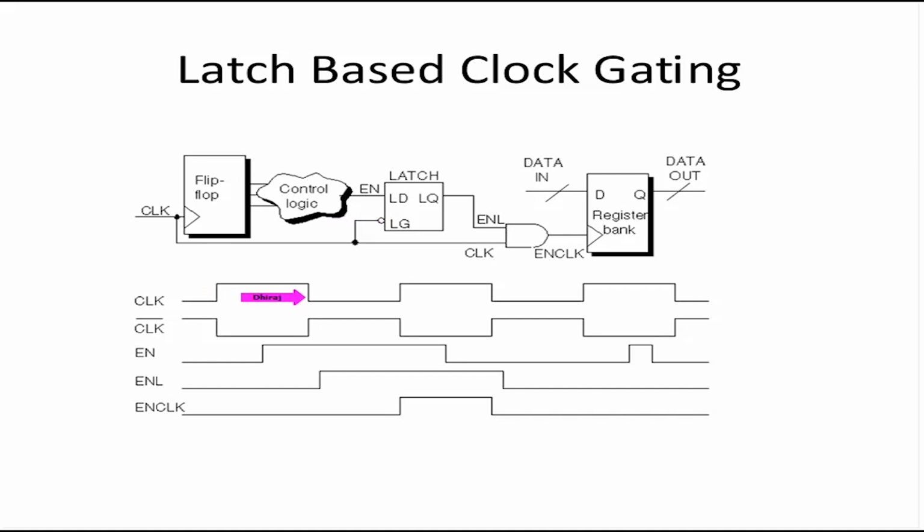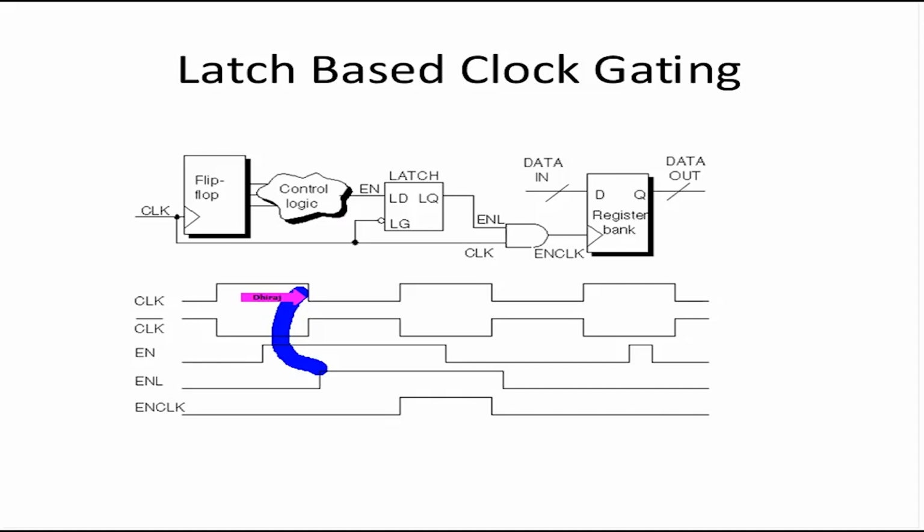When clock is low, this latch is transparent. So the ENL value will get updated sometime after clock falls. So this is the trigger event for ENL rising. The value of EN gets passed on to ENL.